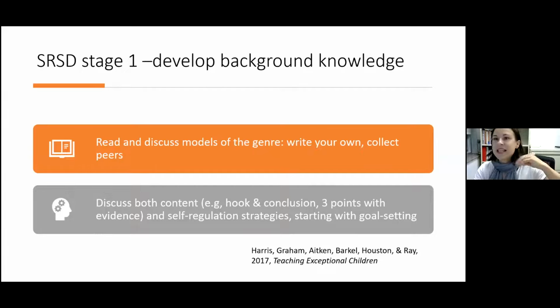And then they discuss what's in there, what makes this good writing, discussing both the content that's in these texts, as well as that really critical piece that Dr. Kim pointed out, which is the self-regulation piece.